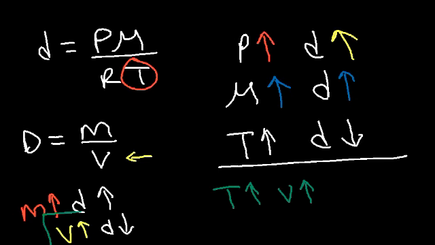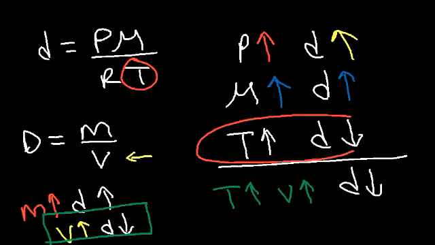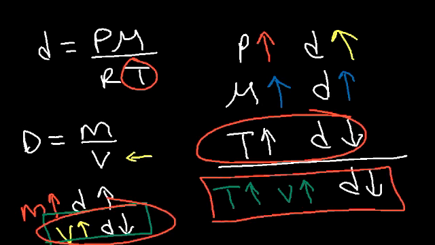And as we can see here, if we increase the volume, gas density goes down. So we can see how this relationship is true, and since this one is true, this is true overall. So whenever the temperature of a gas increases, and if the gas expands, the density of the gas will decrease.